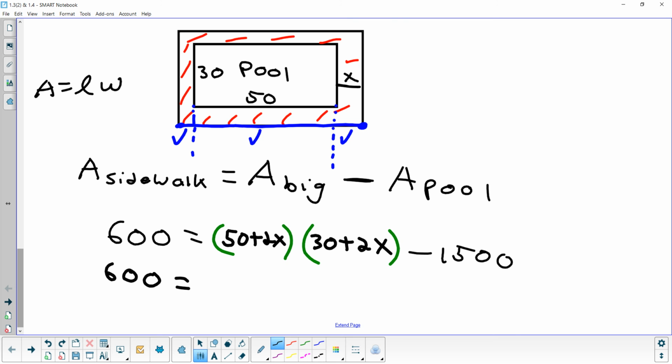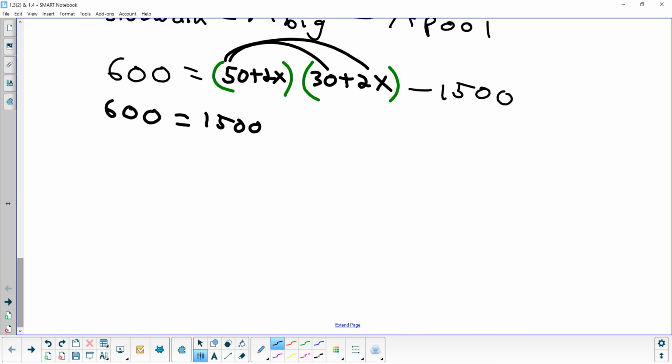600 equals, Abigail, if I multiply this, what's 50 times 30? 1500. Yep, 1500. How about, Casey, 50 times 2x? 100x. 30 times 2x, Isaac? 60x.